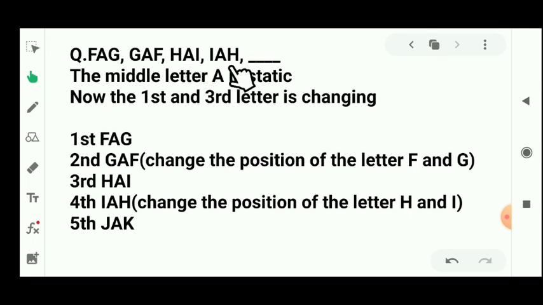Similarly, HAI and IAH: H changes to I. And all are in sequential order: F, G, H, I. The next one will be J. So the fifth term will start with J, then K, and in the middle which letter will be there? It will be A. So our correct option is JAK. I hope now you are able to complete all the questions of exercise number 19.1 and exercise number 19.2.